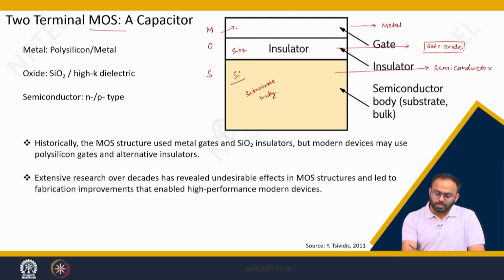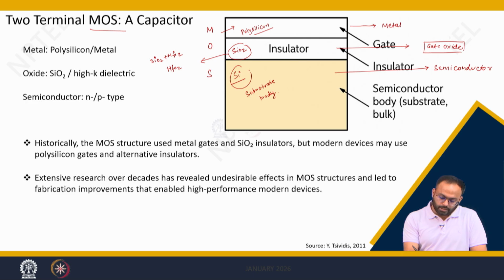We can simply use polysilicon gates also. Similarly, due to scaling limits, it is not necessary that the gate oxide is silicon dioxide only. We can replace it with some other material having a high permittivity, let us say HfO2, or we can grow stacked layers like SiO2 plus HfO2.